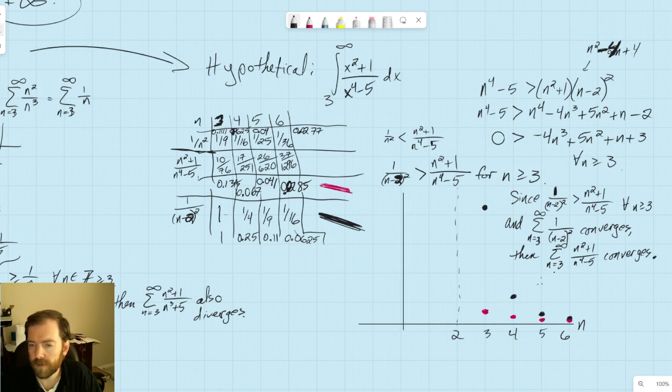And therefore, the integral going from 3 to infinity of (x squared plus 1) over (x to the 4th minus 5) dx converges.